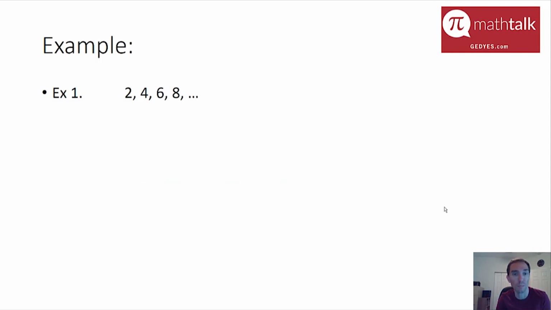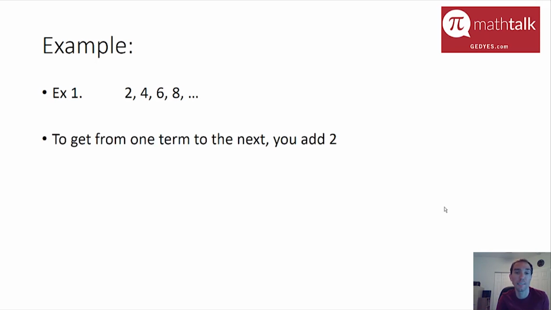Here we have a simple example of a pattern or sequence of numbers. It goes 2, 4, 6, 8, etc. And so to find the pattern, we really want to figure out what number we are adding or subtracting to get from one number to the next. And as you probably already know, the answer to that is 2.